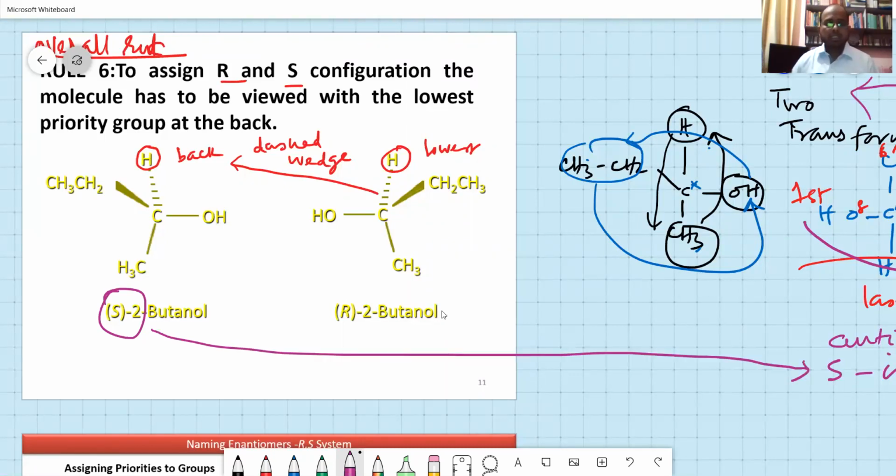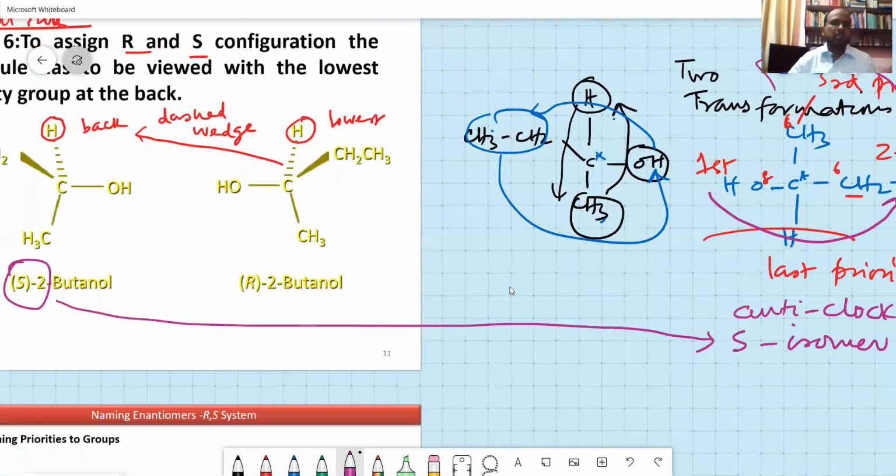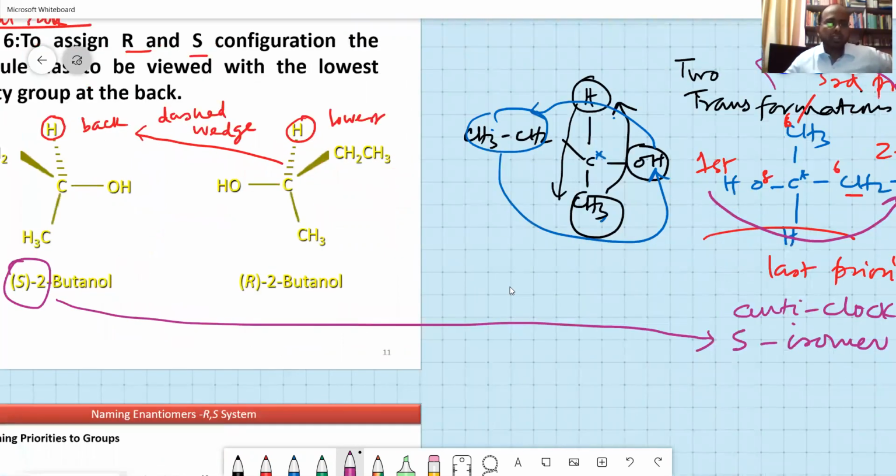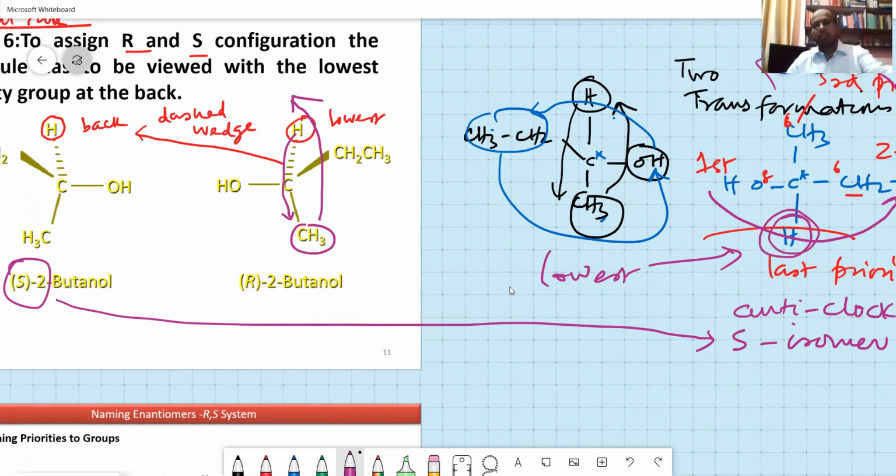Okay. The same thing, you can try for this molecule also. Bring this H to this particular position. Take this CH3 here. H always has to be brought to the bottom, the lowest priority. Okay. So I'll write a structure for this.